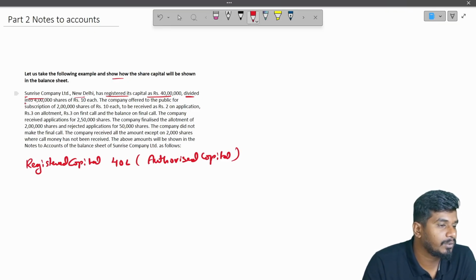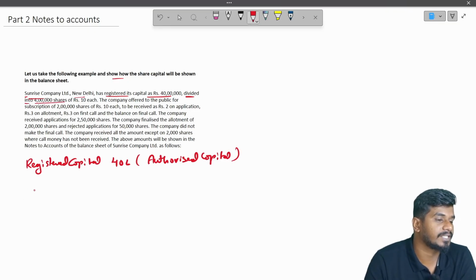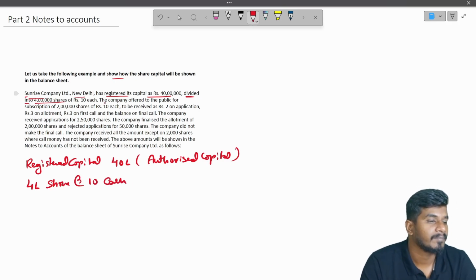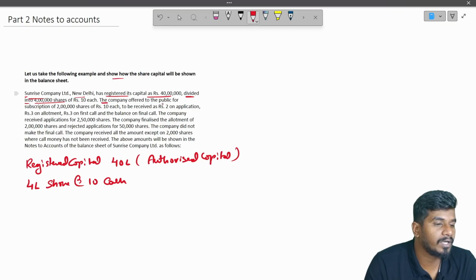So divided into 4 lakh shares. How much? 4 lakh shares, at 10 each. So the company offered to the public for subscription 2 lakh shares.